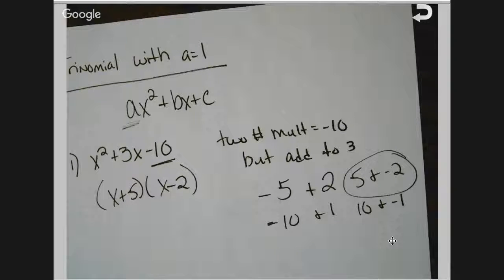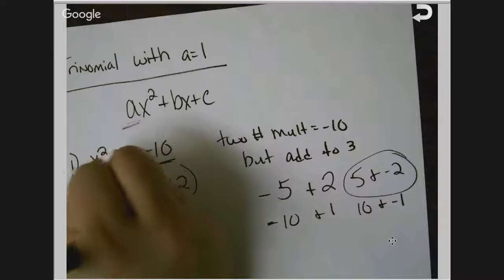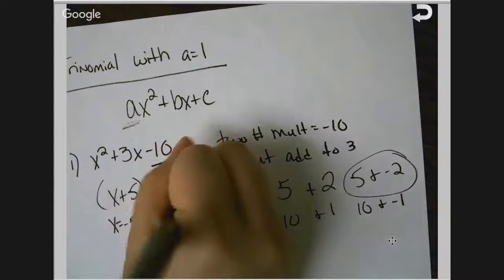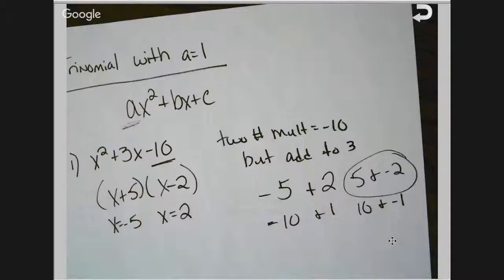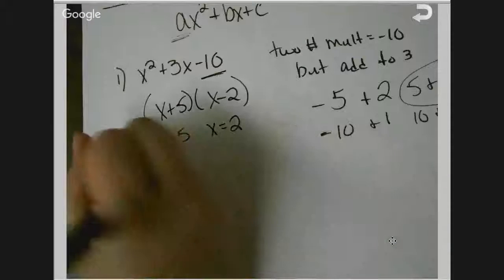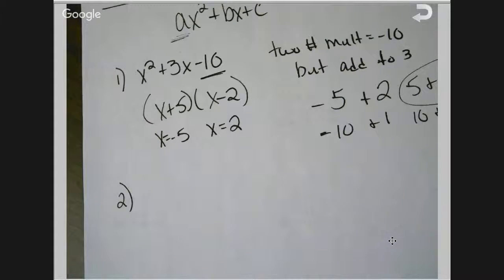If I told you to solve, then it needs to be x equals -5 and x equals +2. Any questions? Okay. Number 2.